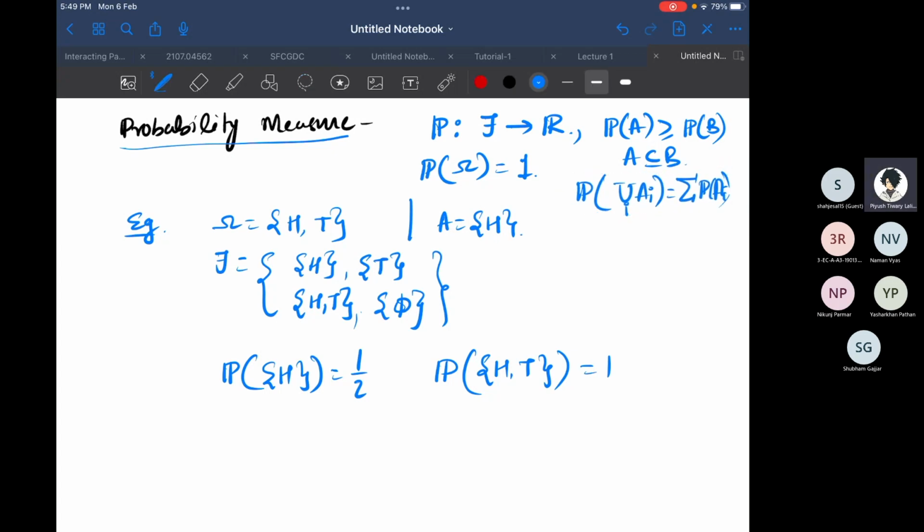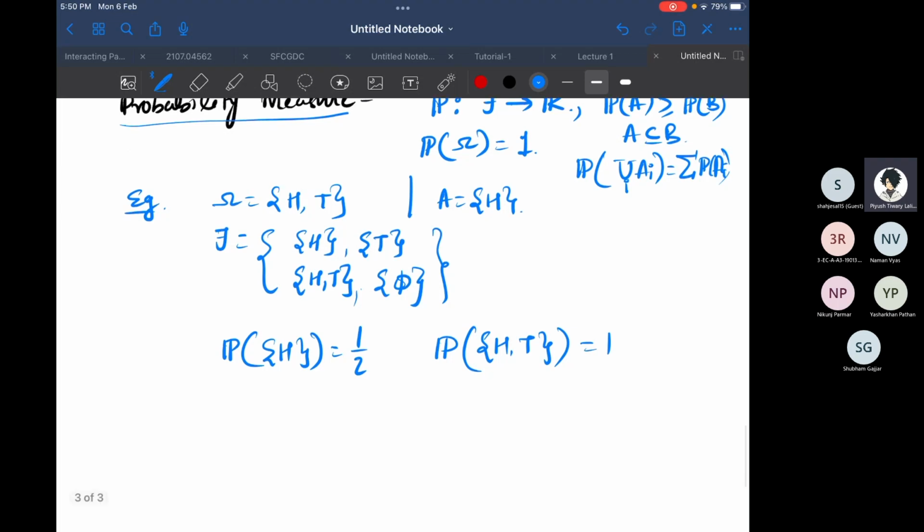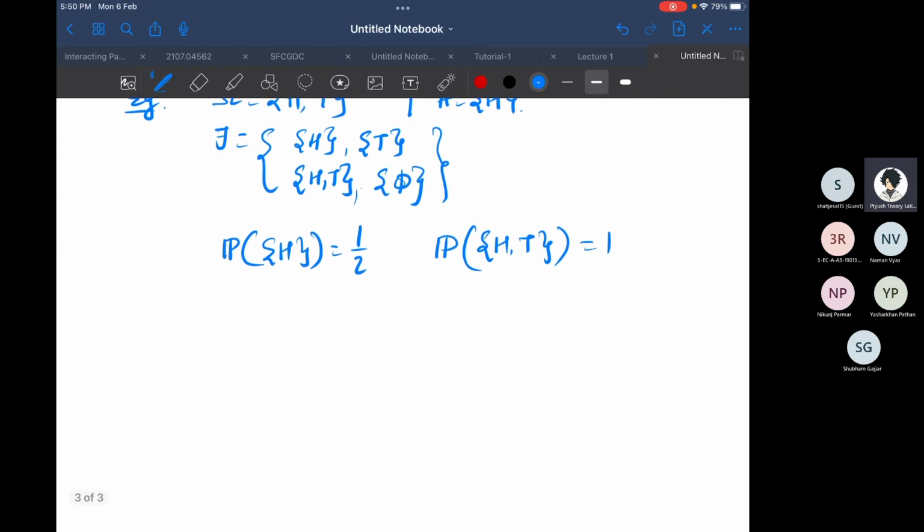If you remember what disjoint sets are, if I take Ai and Aj in general and take the intersection of them, it will give me a null set because nothing is common between them. So these are disjoint sets, and the probability of the union of such disjoint sets is nothing but the sum of their individual probabilities. So using this, we can calculate the probability of tails. Someone asks me, what is the probability of tails?